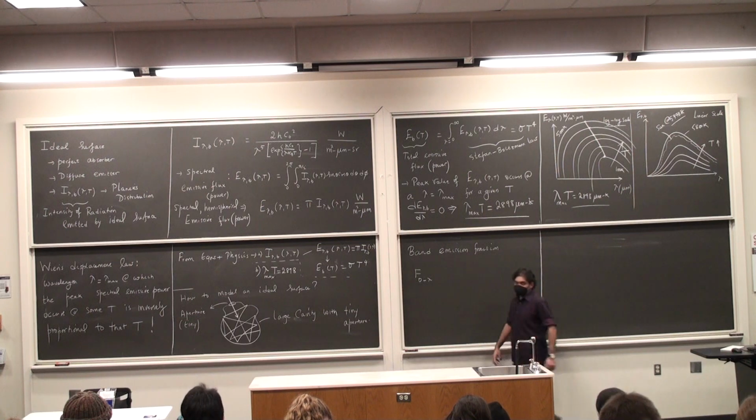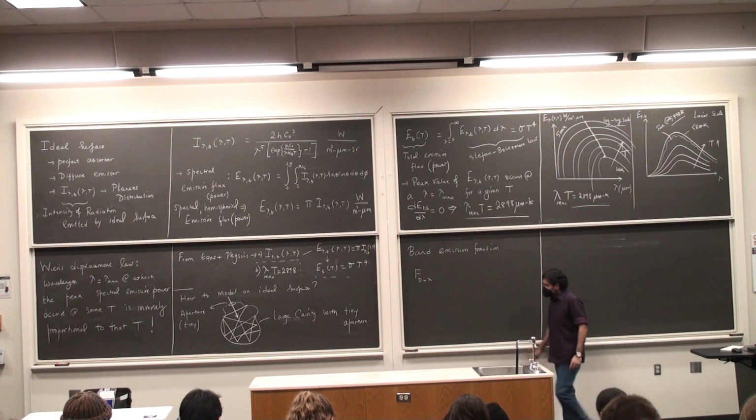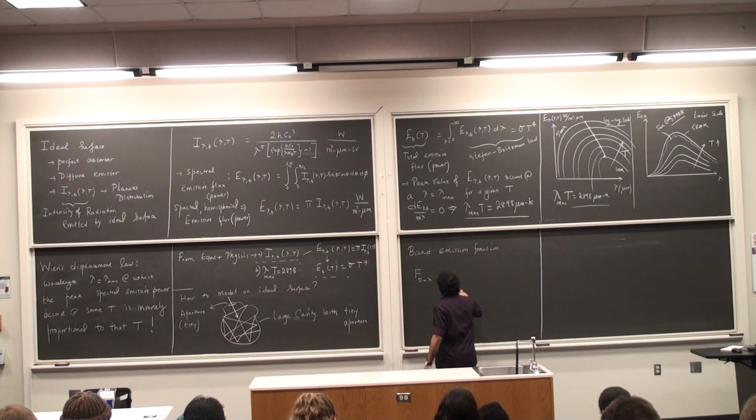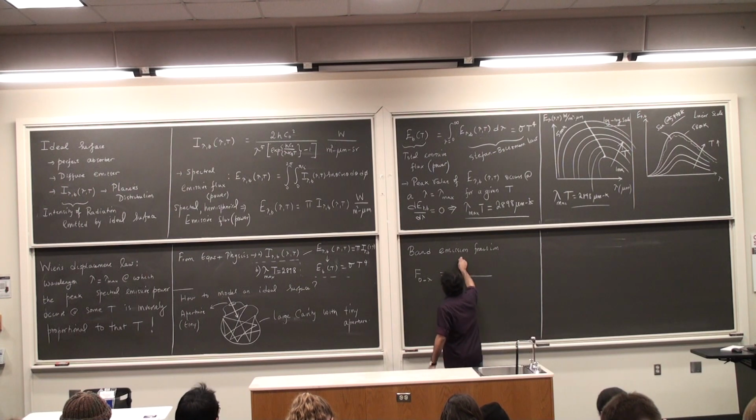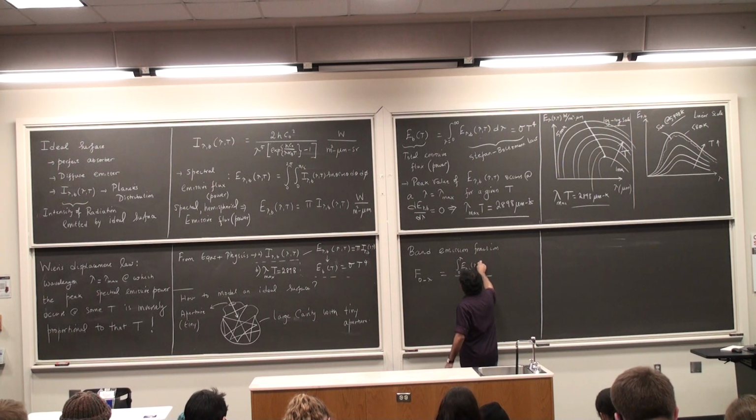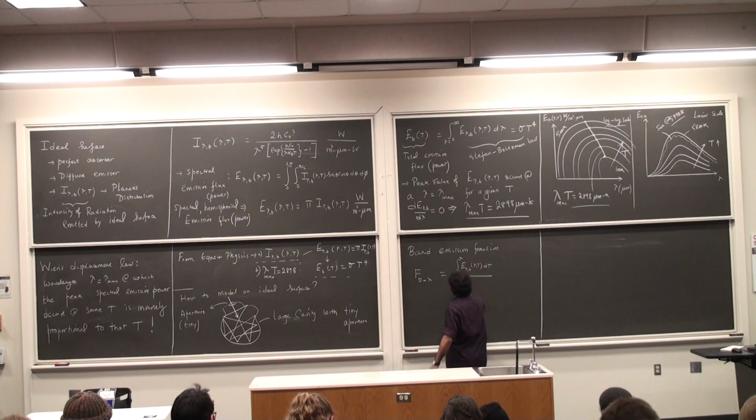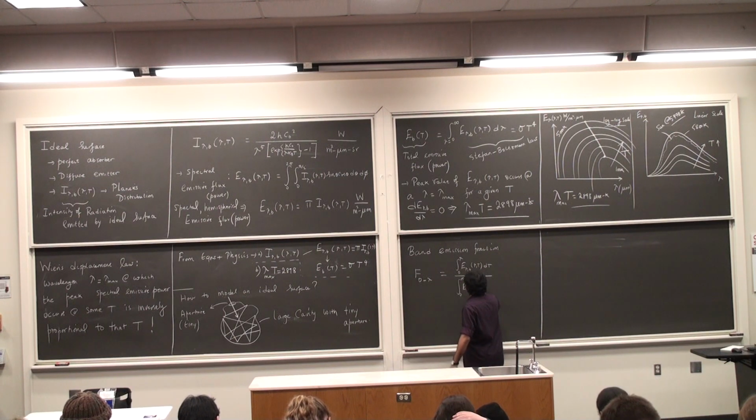F 0 hyphen lambda is defined as the integral from 0 to lambda of E lambda comma B lambda T d lambda, divided by the integral from 0 to infinity of E lambda comma B lambda T d lambda.